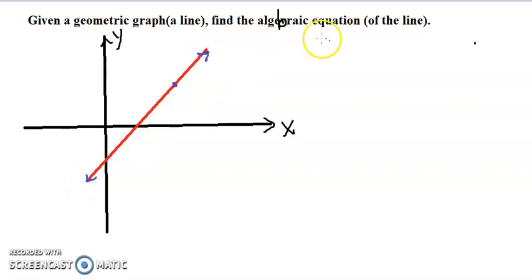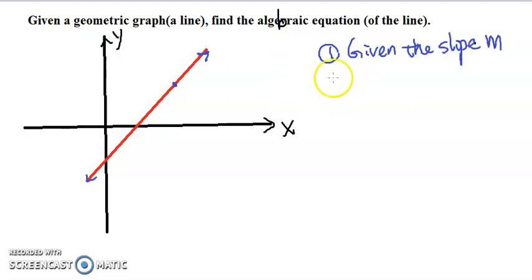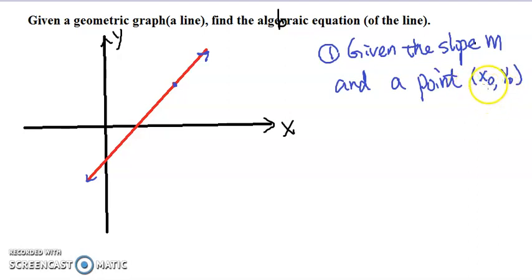So the first type of question, we're given the slope, and we can use m to denote the slope, and given a point, and we're going to use x0, y0 to represent this point. And notice x0 and y0, these are given.